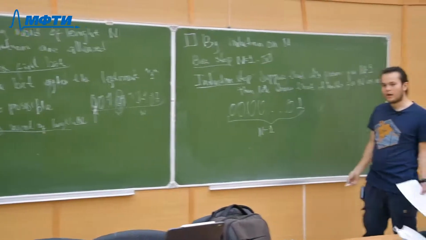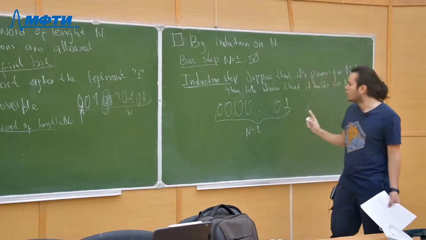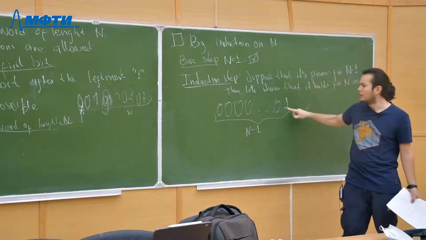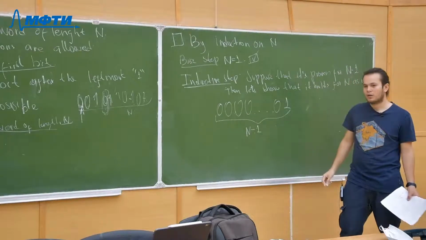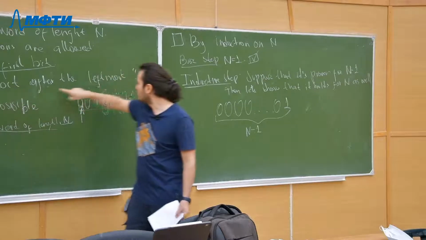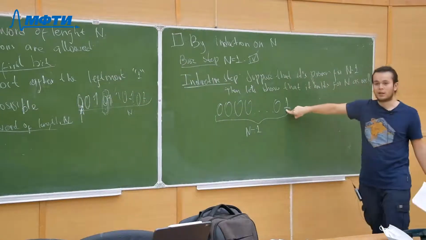By the inductive hypothesis, we can construct any word we want of length n minus 1. Let's build this one. We have only 0, 1, and 1 here. Because of condition number 2, the leftmost one in this case is going to be this one.